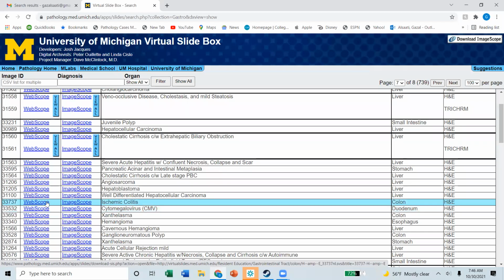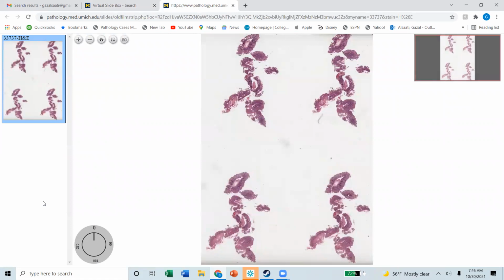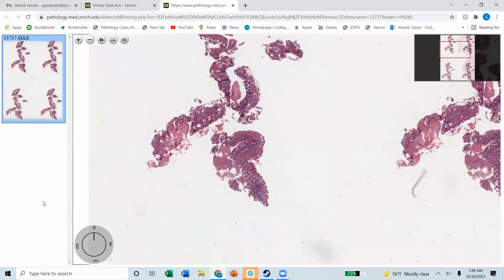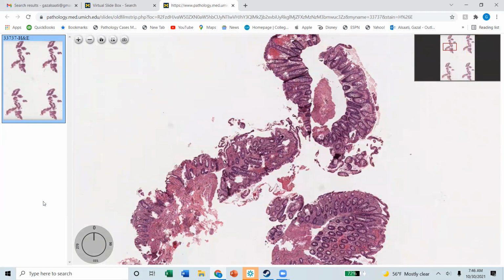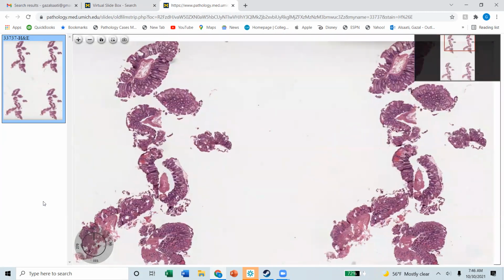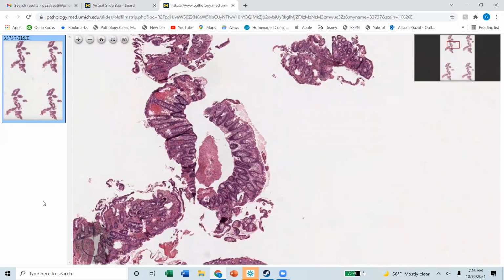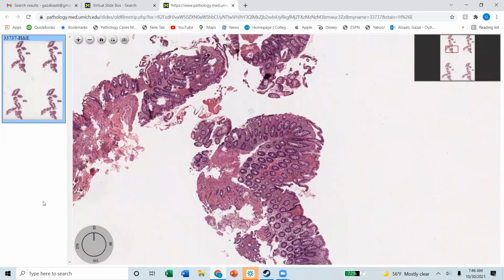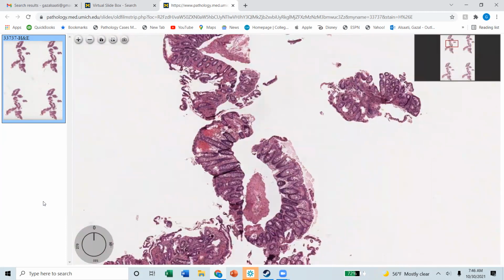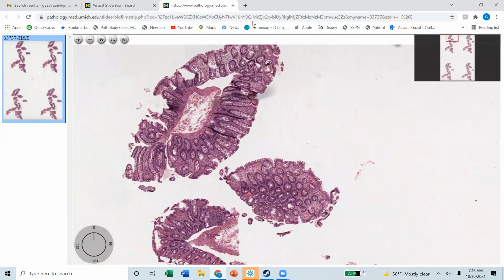Liver, colon, ischemic colitis. More common than you imagine. Remember, on low power you have to make sure: are we dealing with chronic or acute? Here my colon is completely normal.